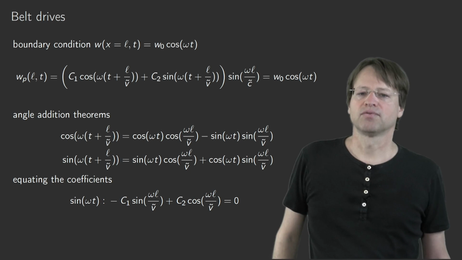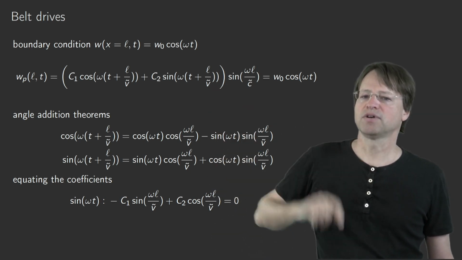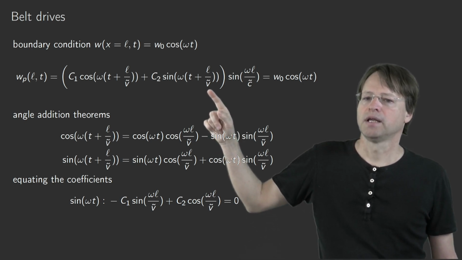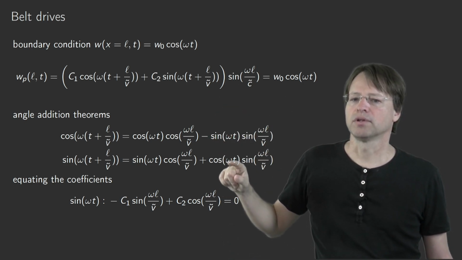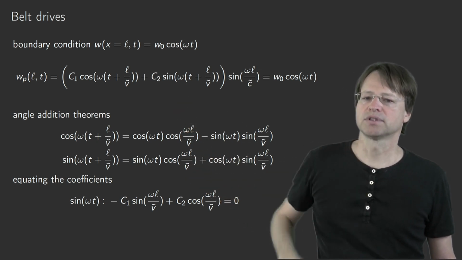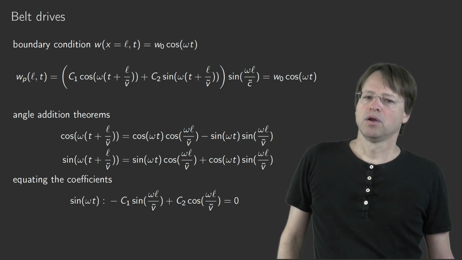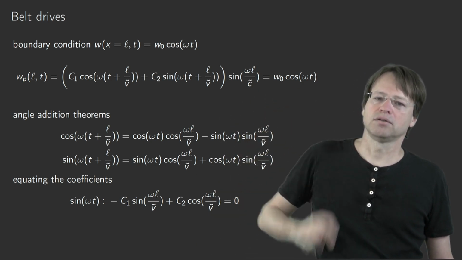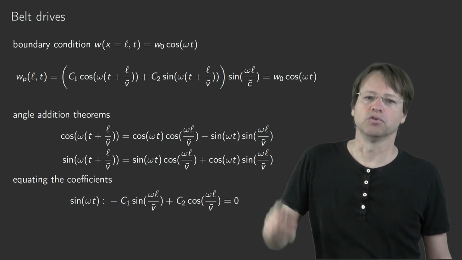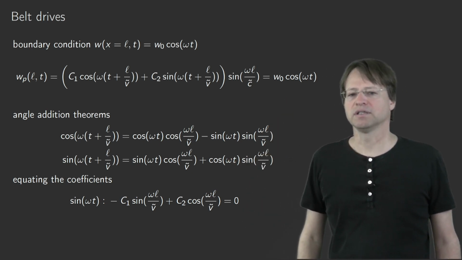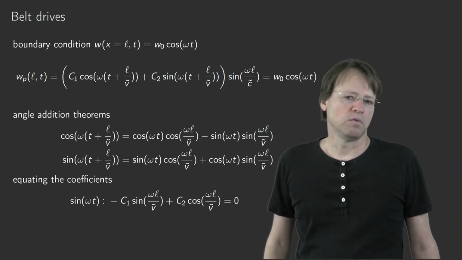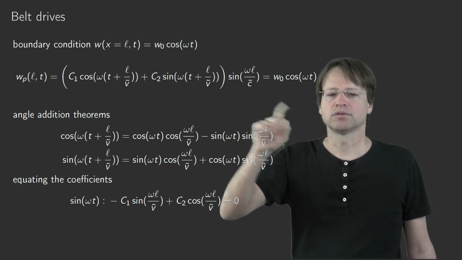From the second term, from the decomposition of that sine function, you will find a contribution in sine omega t, cosine omega L divided by v tilde times c2. Well, and on the right hand side, you will find nothing. No contribution in sine omega t. So therefore a 0.